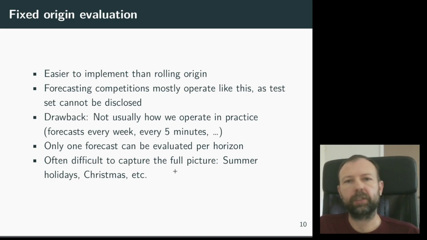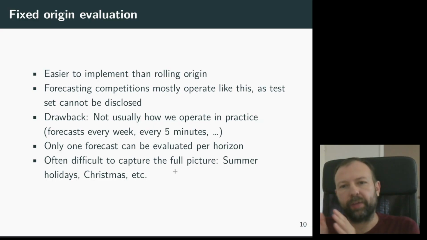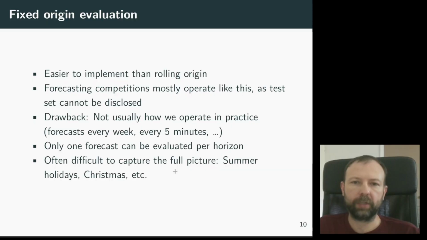Speaking about fixed origin evaluation, it's usually easier to implement than rolling origin. And forecasting competitions mostly operate like this because they cannot disclose the test set, right? Like they tell you, this is your training set, and now this is a test set that I want you to predict, and then you just predict the whole test set without being able to get new data available to you.